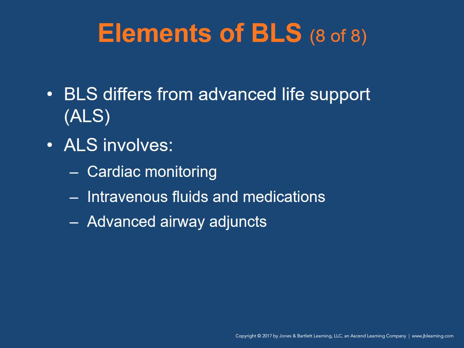So we want to start with BLS because that's the foundation, but also ALS does have its role in CPR. So it's always imperative if you're in a situation like this as an EMT provider. That's why we put an emphasis on recognizing the patient's situation and recognizing their need for ALS intervention, and to call dispatch to get ALS on scene as soon as possible if warranted.